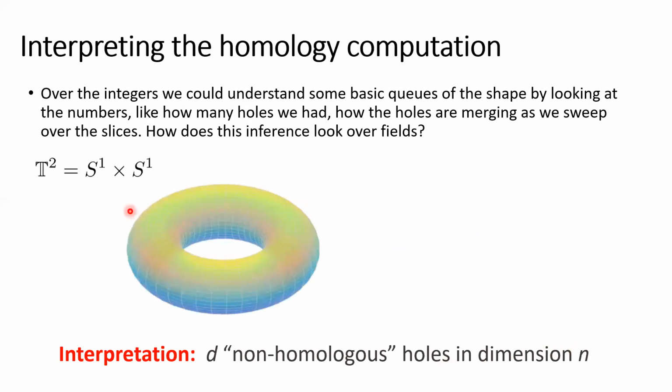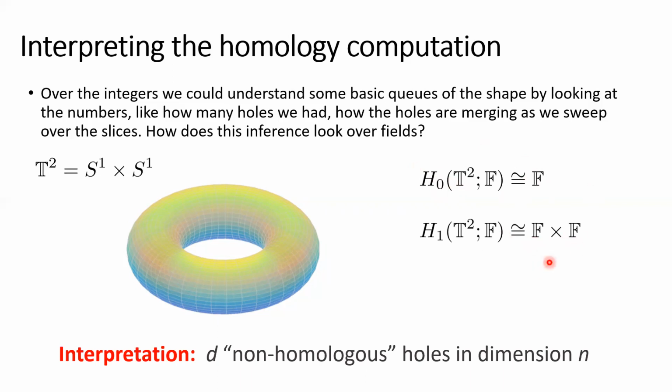Here's an example. Say that you have the torus, S1 cross S1. And if we compute its homology over a field F, we're going to get that in H0 we get something isomorphic to just F, the field. So this has dimension 1 because the space has only one connected component, which is what H0 is measuring. If you do H1, you're going to get 2 copies of the field, right?